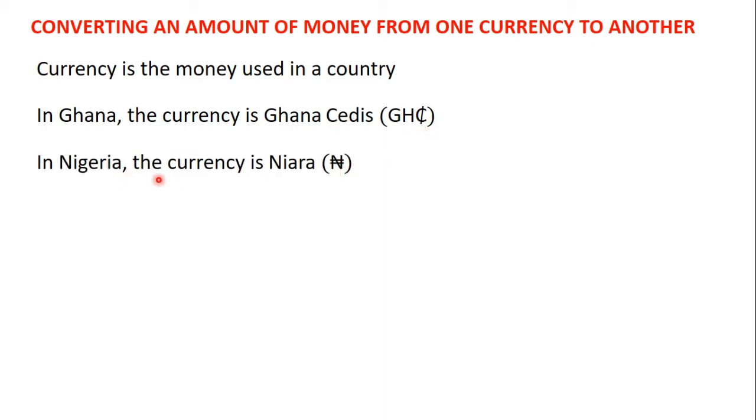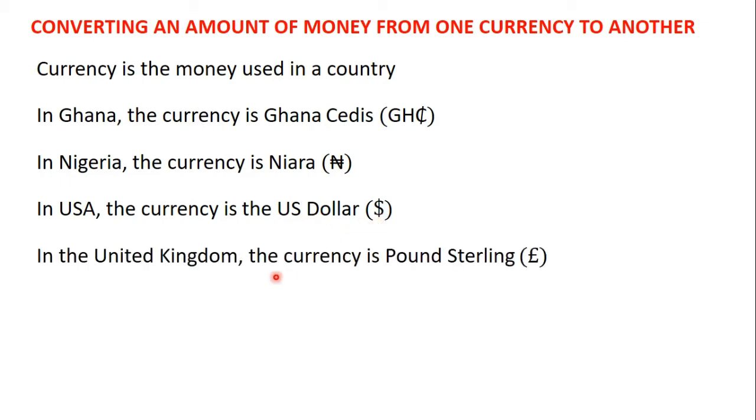In Nigeria, the currency is the Nigerian naira, and this is the symbol. In the USA, the currency is the US dollar, and this is the symbol of the US dollar. In the United Kingdom, their currency is the pound sterling, which is usually referred to as pounds, and this is the symbol of pound sterling.